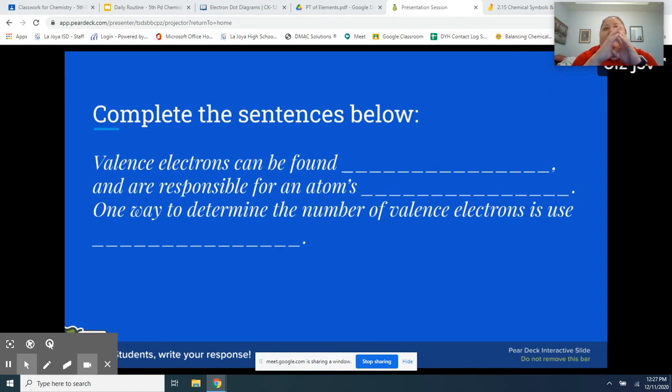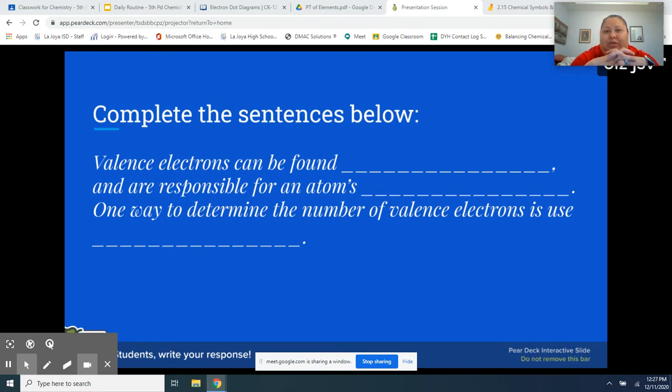Remember, electrons are always in energy levels, right? So I'm going to give you some options. Will I find valence electrons in the first energy level? Or option 2, will I find valence electrons in the middle energy levels?